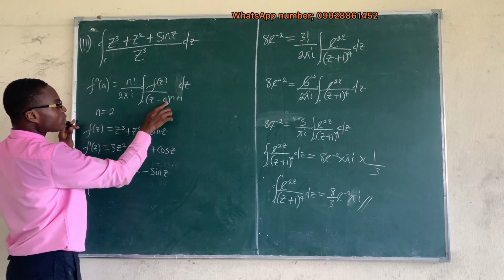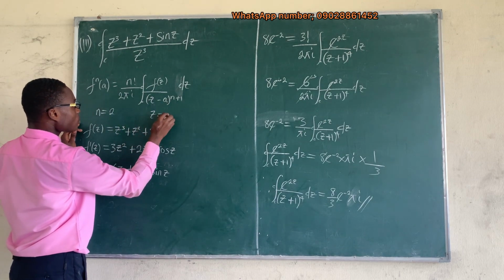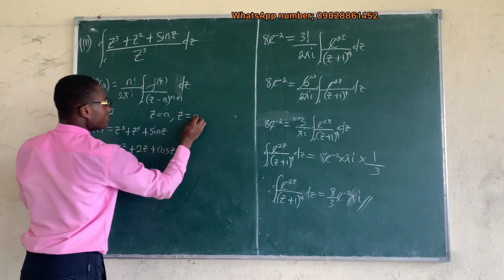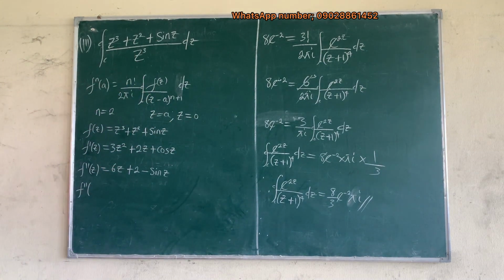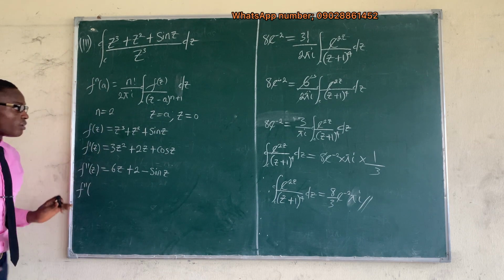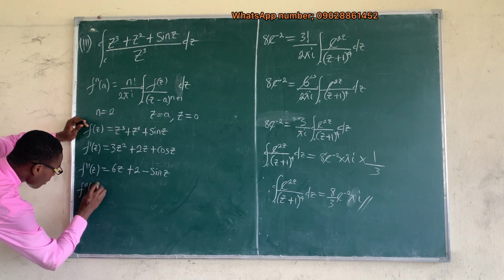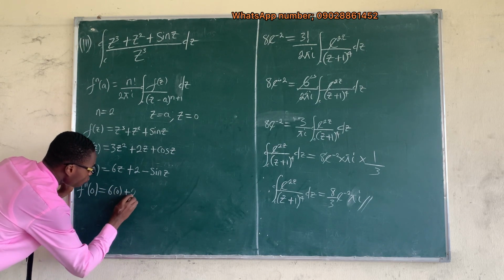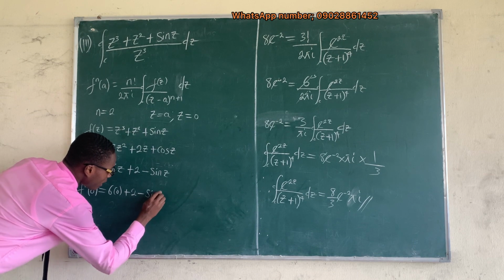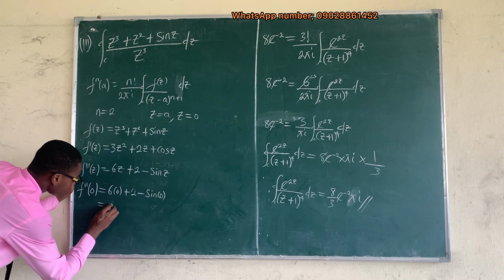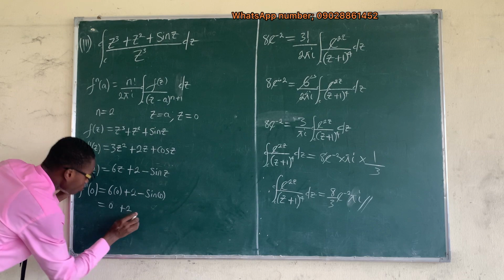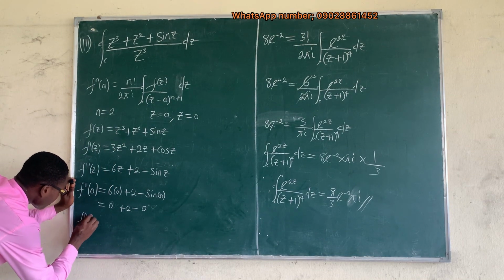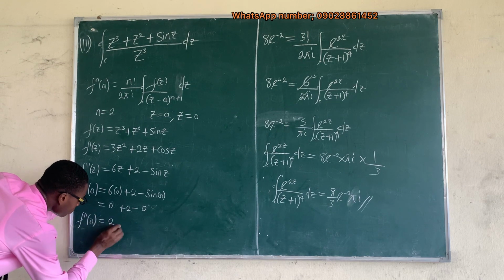Remember, z minus a is equal to 0. So z is equal to a. And from here z equal to a is 0. So we put in 0 here. We have f double prime of 0, and this is equal to 6 into 0 plus 2 minus sine 0. And this is equal to 0 plus 2. Of course, sine 0 is 0. So f double prime of 0 is equal to 2.